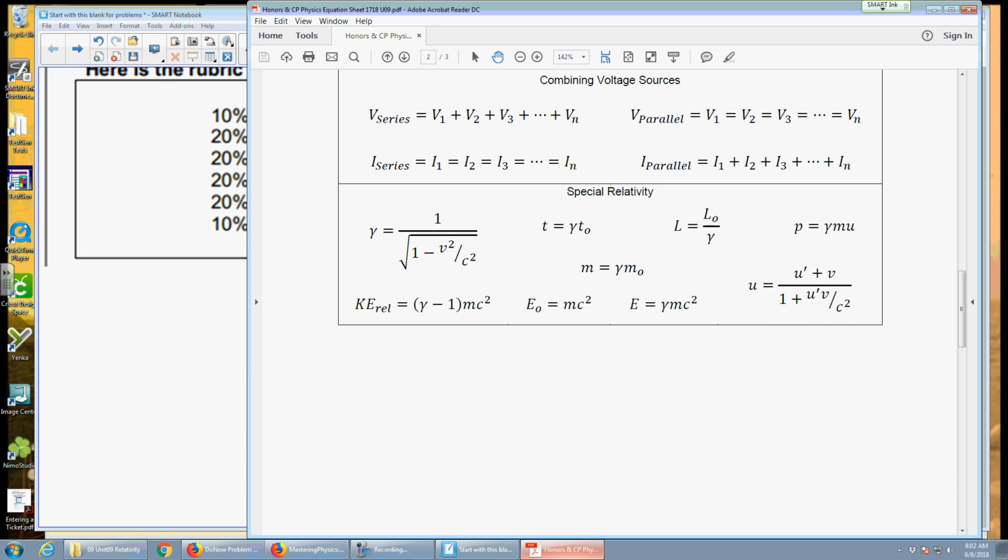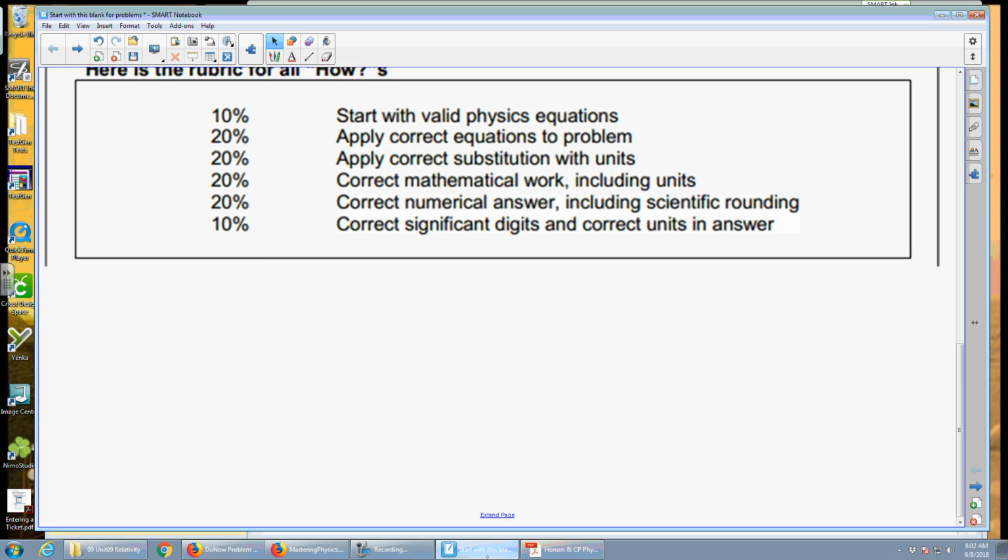And so we have T equals gamma T naught. And we know gamma is always greater than 1. So what's the relationship between T and T naught? T is always greater than T naught because we know that gamma is always greater than 1.